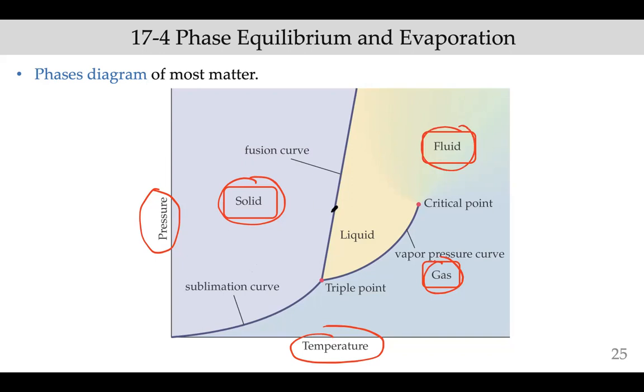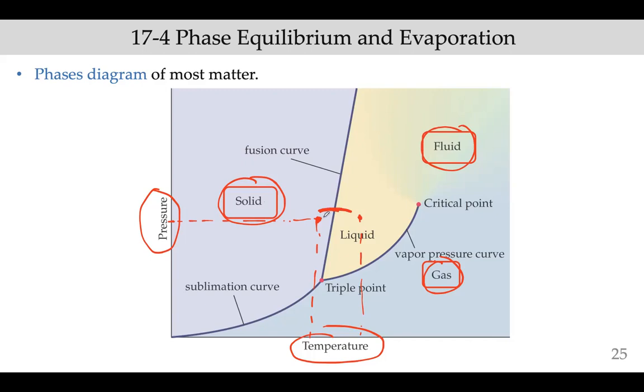Now, this transition, everybody knows, is the liquid to solid phase transition. For a given pressure, let's say the pressure is this value, what happens if you increase the temperature from here to this value?